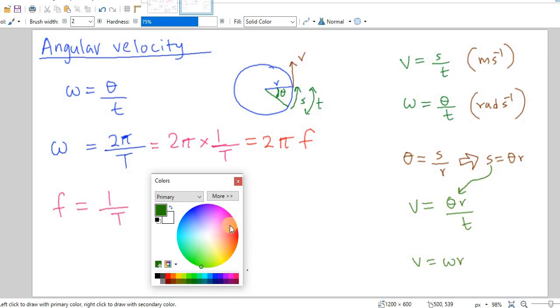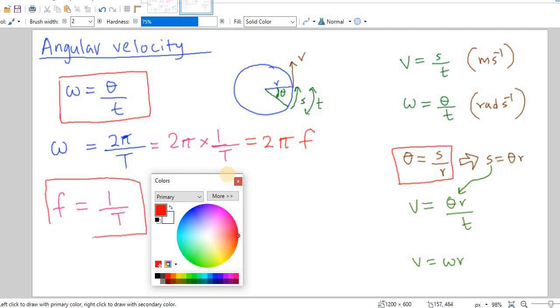All these equations are extremely important. There are a number of equations you should know. The very first one that we saw is this one. Then we saw these two. Now this you have learned previously in the AS syllabus also, so you should know that. From this we get omega equals 2 pi f.